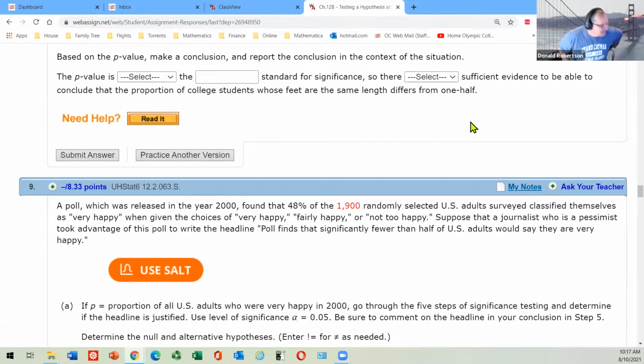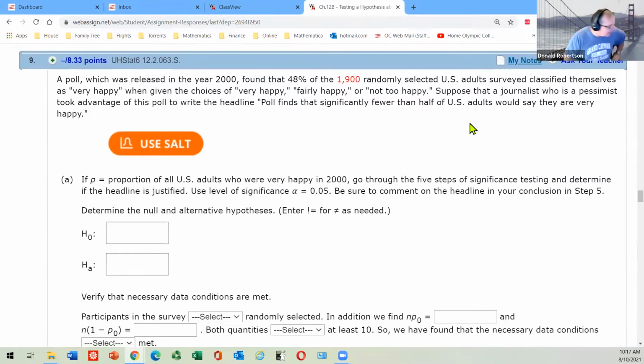Okay. So, in this story, a standard hypothesis test, a poll was released in the year 2000, found that 48% of randomly selected adults said that they were very happy when given the choice between being very happy, fairly happy, or not too happy.